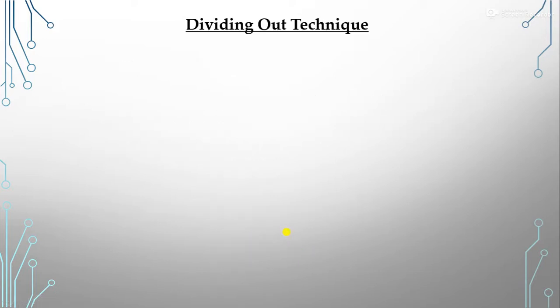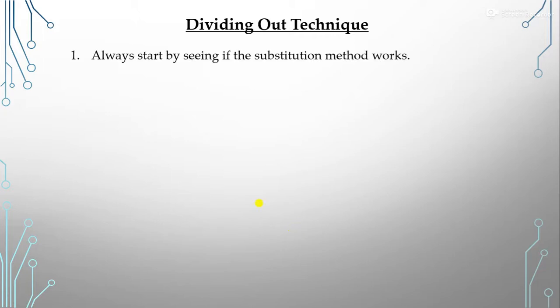Now, the second one is the dividing out technique. Here we always start by using the substitution method. Whichever function you are given, the first step is to use the substitution method.